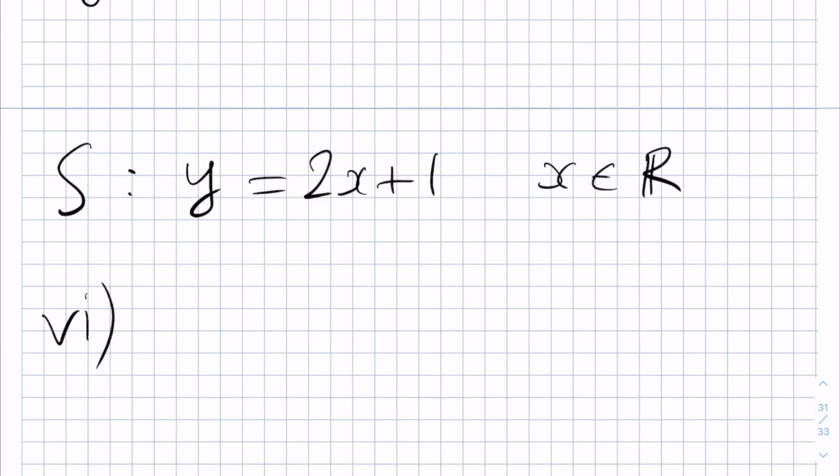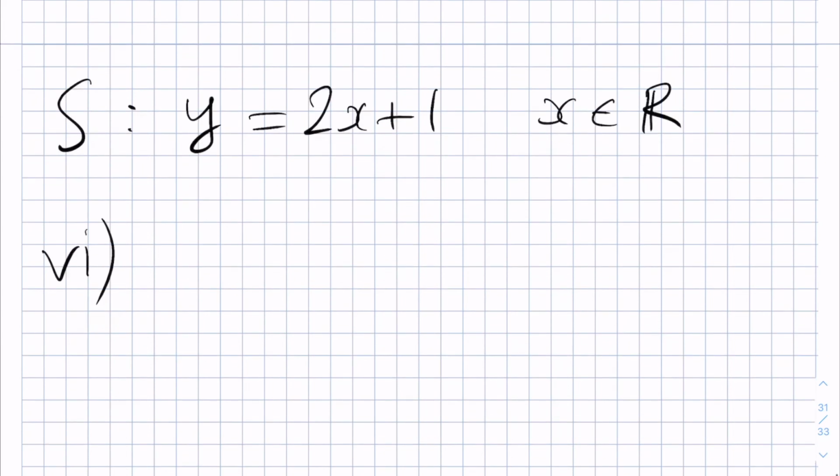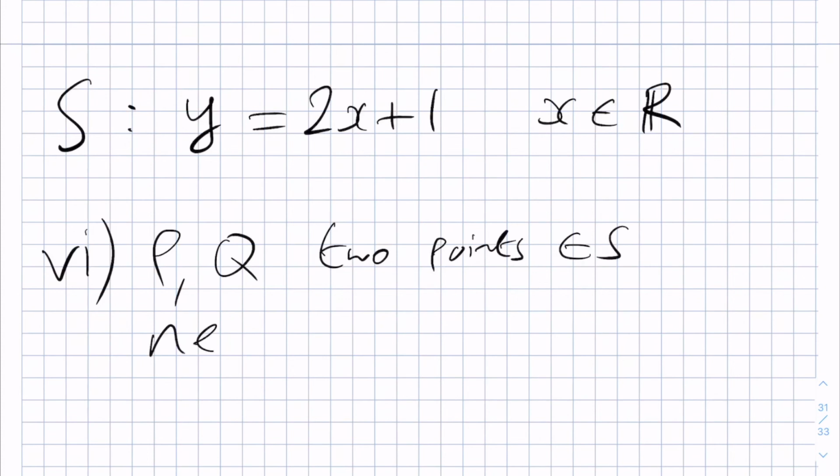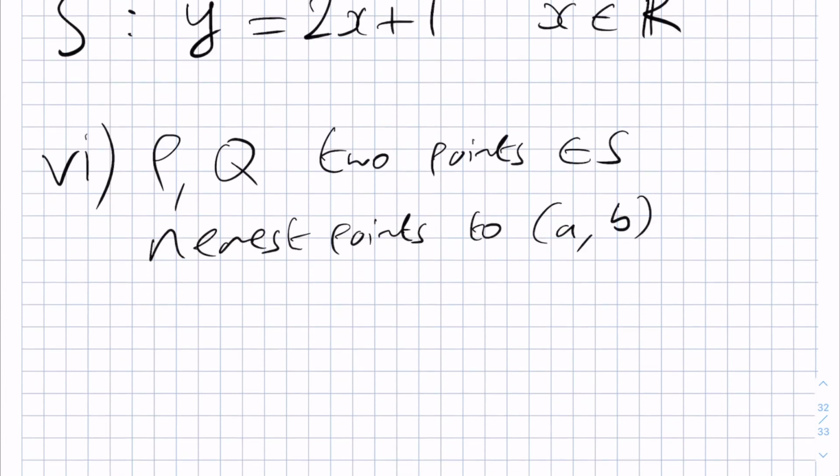So, we can proceed essentially by contradiction. We can suppose that P and Q are 2 points which are in S, and they are also the nearest points to (a, b). Now, because we have 2 distinct points, we can consider the line segment PQ.